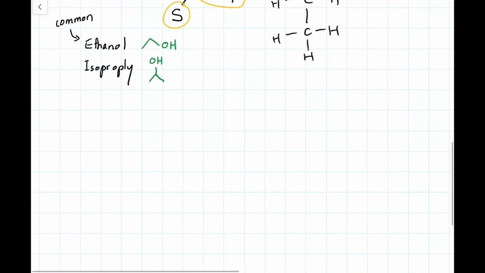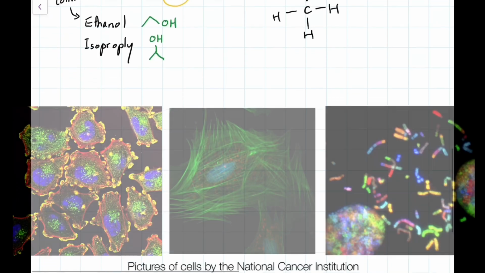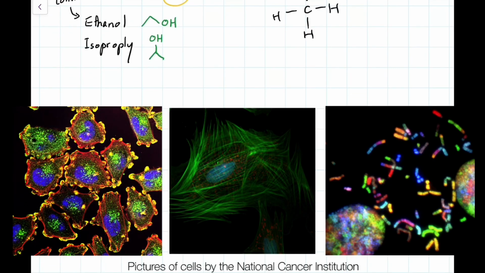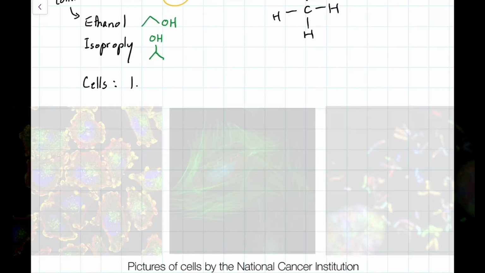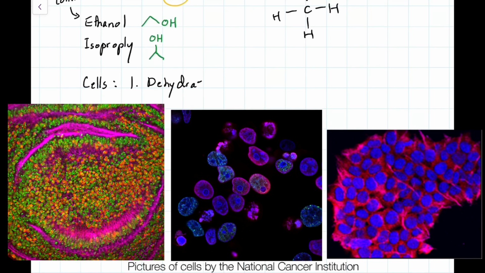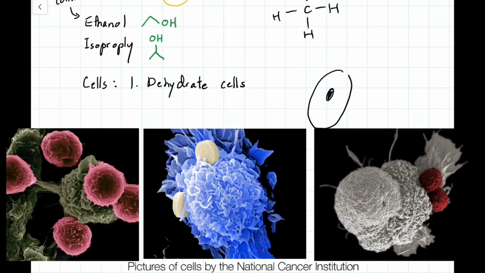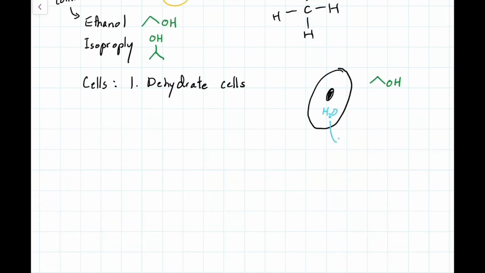Now, how does alcohol interfere with cells? First, it dehydrates cells. When a cell's environment has a high concentration of alcohol, this is a cell, and alcohol, the water inside the cell gets drawn out, and alcohol is soaked in.